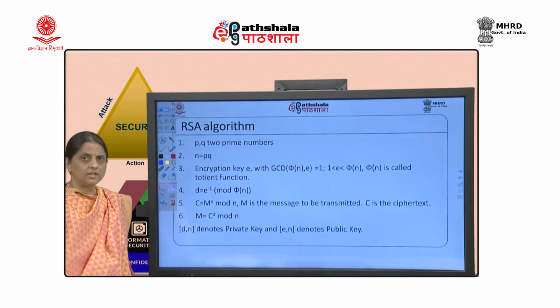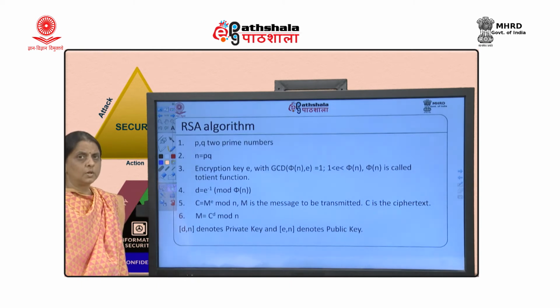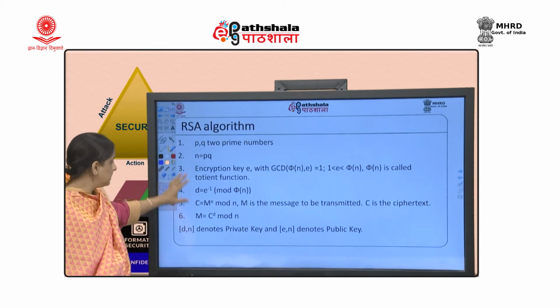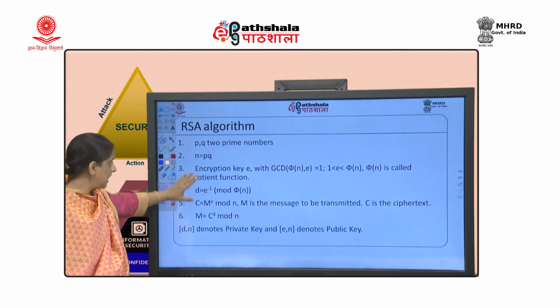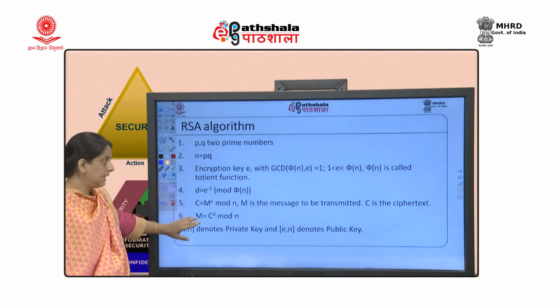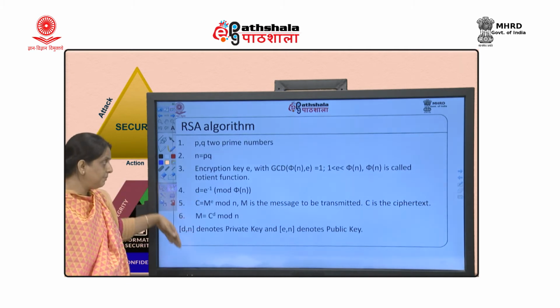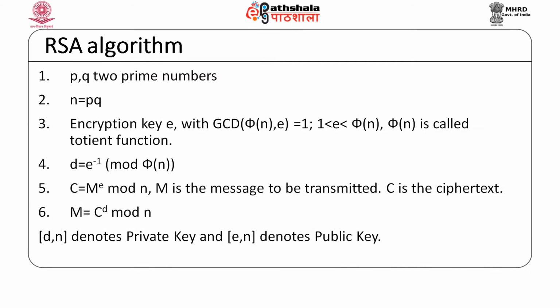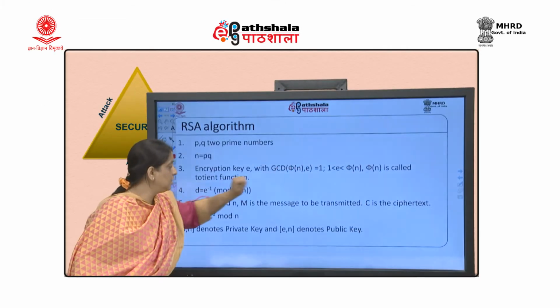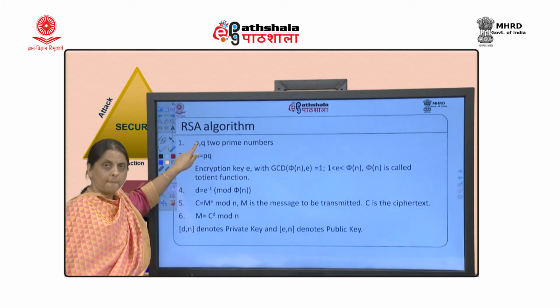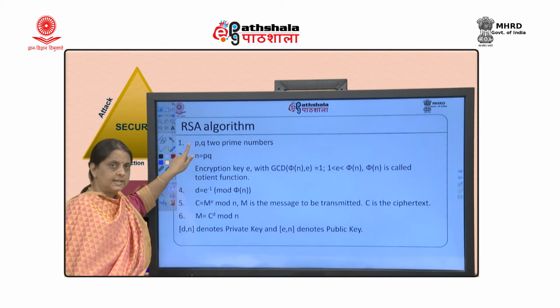How does the RSA algorithm work? In this module, I will just give you a brief outline of the RSA algorithm steps. The details we will see in the next module, but here I am introducing the terms used in the RSA algorithm. What is the first step?